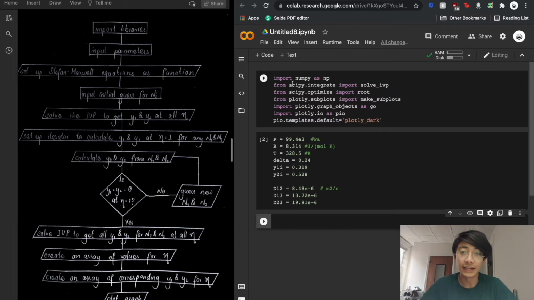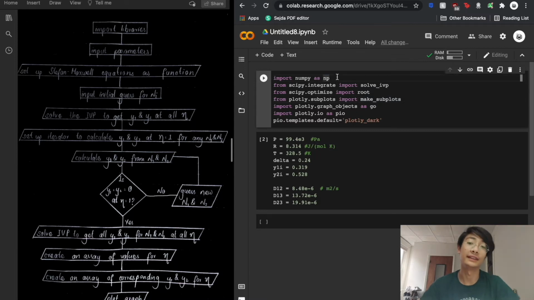As you can already see, I have already imported everything that we need to. So first of all, we imported numpy as np. This is going to be useful when we're creating arrays. And from the scipy.integrate library, we imported the solve_ivp. This is going to allow us to solve the Stefan-Maxwell relationships.